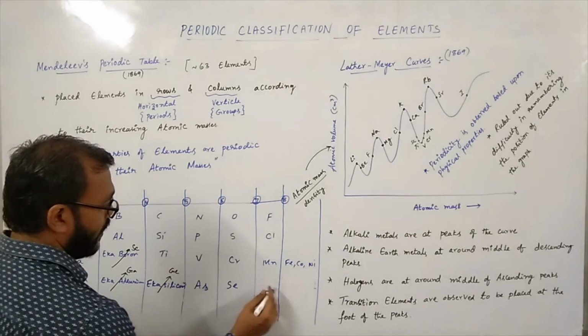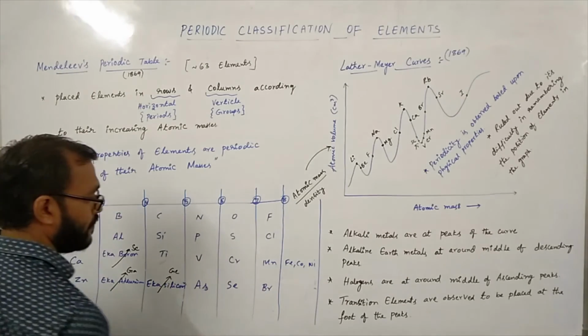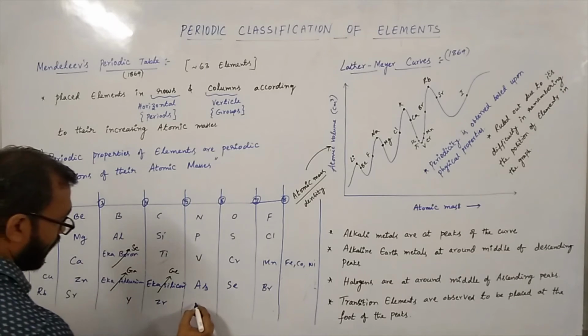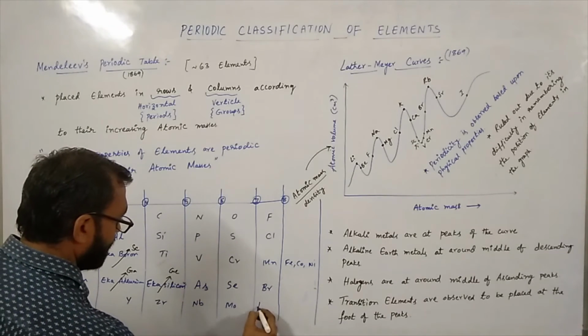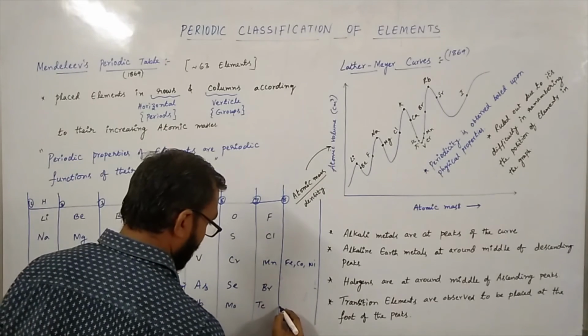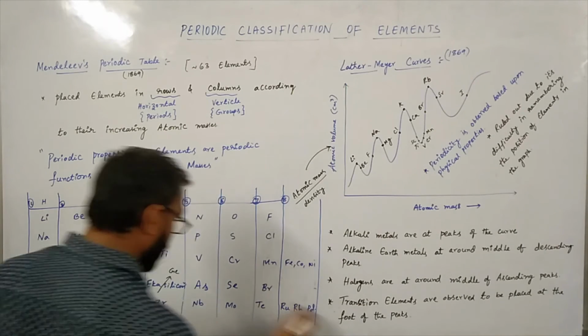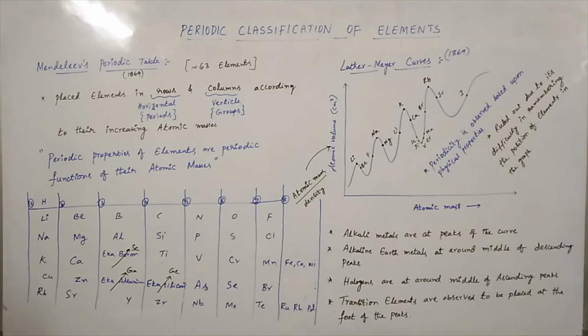Here you will get selenium, bromine. After that, rubidium, strontium, yttrium, zirconium, niobium, molybdenum, technetium, ruthenium, rhodium, palladium, and so on, in such form.